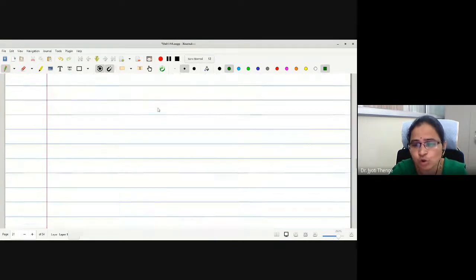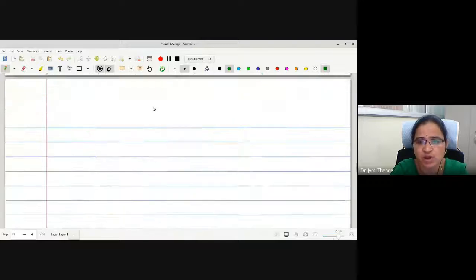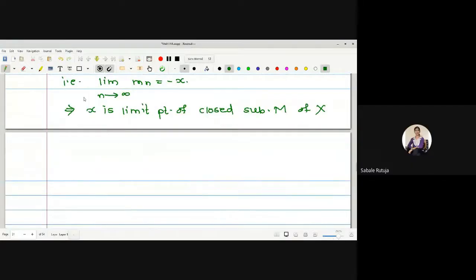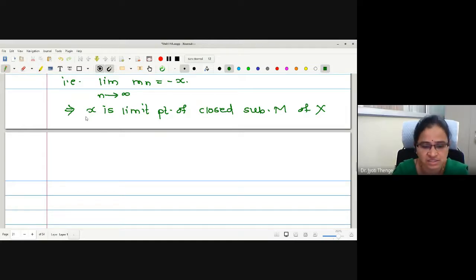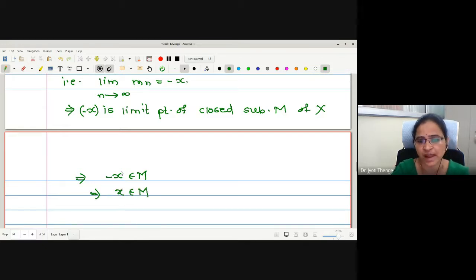Now if it is closed, where does this x belong? Minus x, and then again x it will be, no? Minus x is the limit point. Therefore I can write minus x is in m, right? Can I write x is in m? Because m is a subspace, yes, ma'am, the additive inverse of minus x, right?